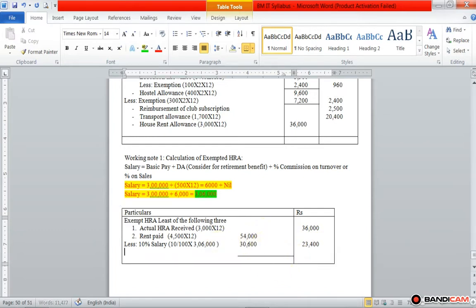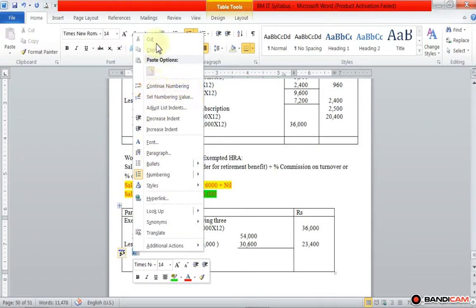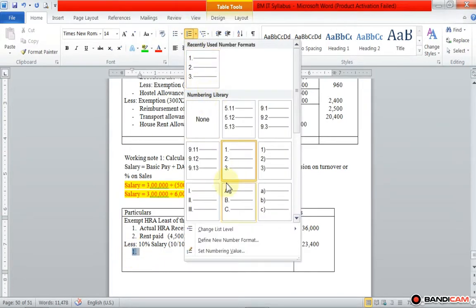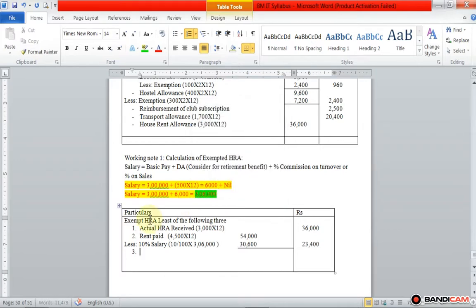And the last one, the third point, is 40% of salary.